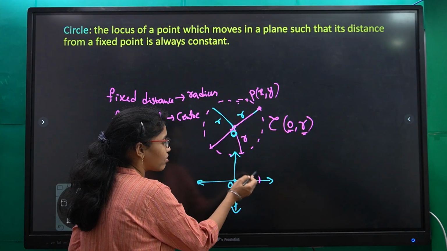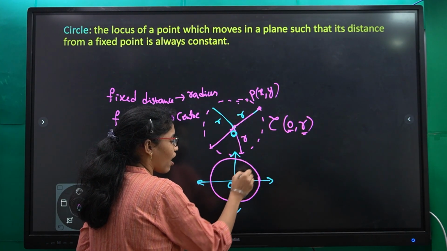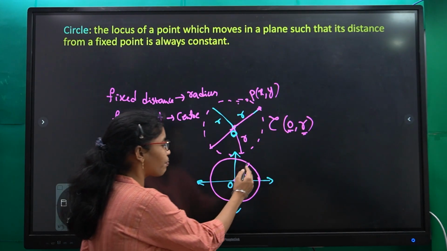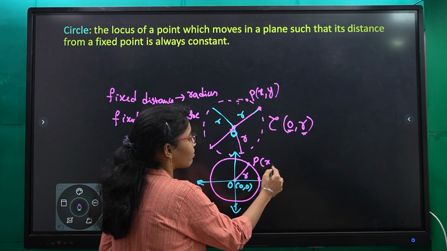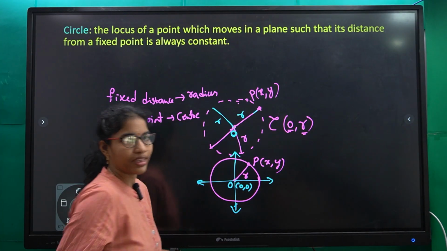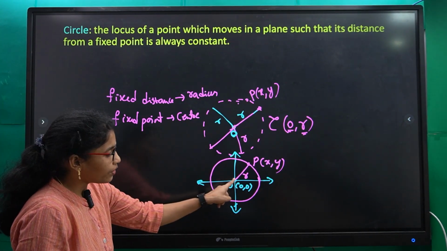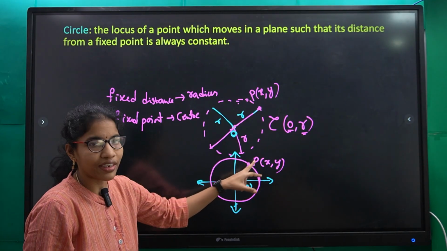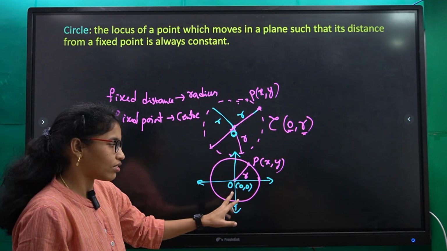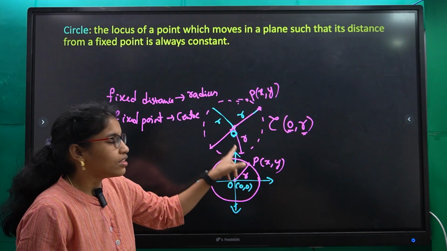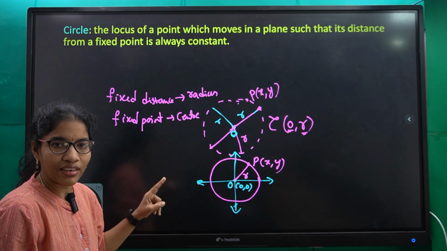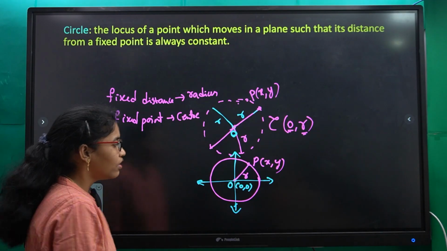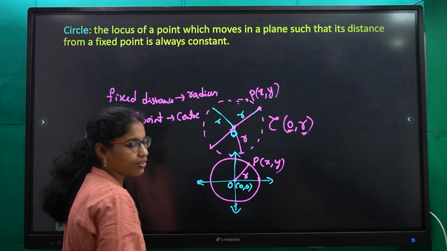And with a distance of r, here the point is P, x comma y. This is the locus point I am taking. The distance r is always fixed, constant. So from any point to the center, the origin, the distance is square root of x square plus y square. So square root of x square plus y square equals r.